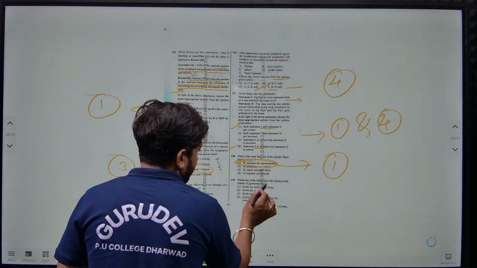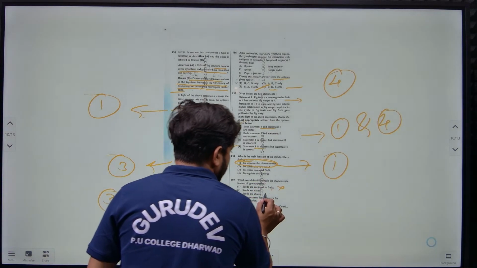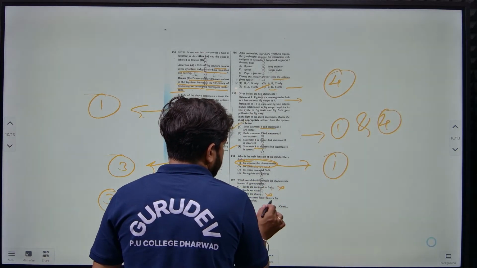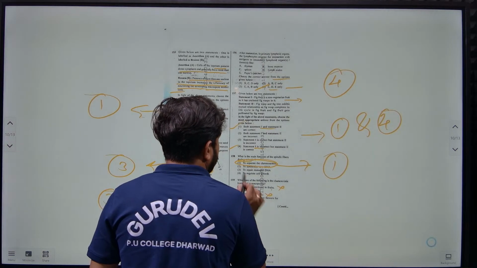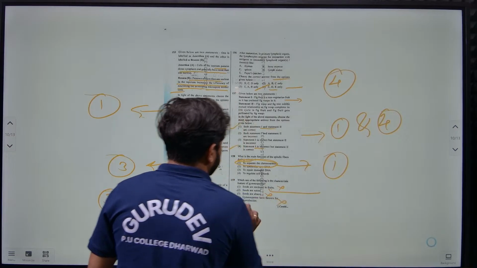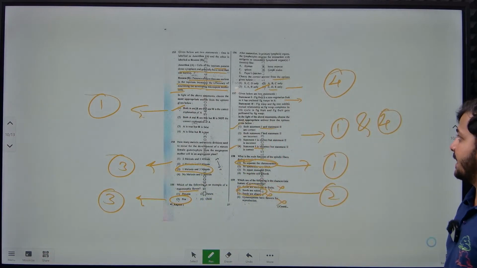Seeds are enclosed in fruit, no. Seeds are naked, yes. Seeds are absent, no, they are present. Gymnosperms have flowers for reproduction, no, they don't have flowers. Seeds are naked, that is option 2, which is correct according to question 159.